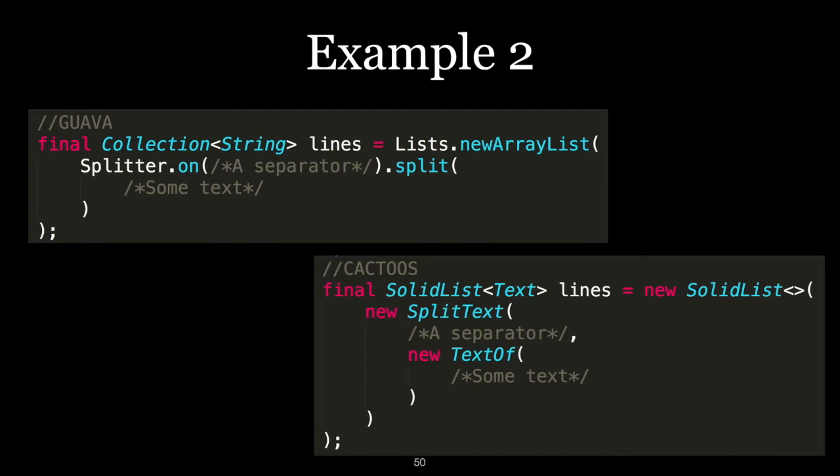It's no problem if you tell me the Guava one is more readable. I won't be sad. Okay, who thinks the one on the left is more readable, understandable or maintainable? And who thinks the one on the right? You like the one on the right? Okay.